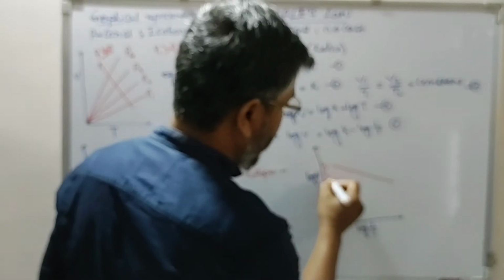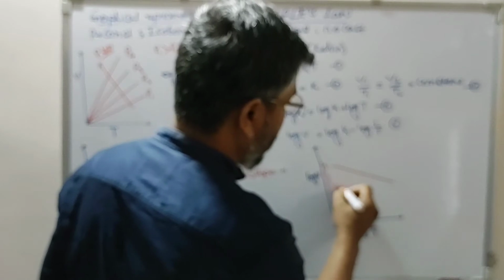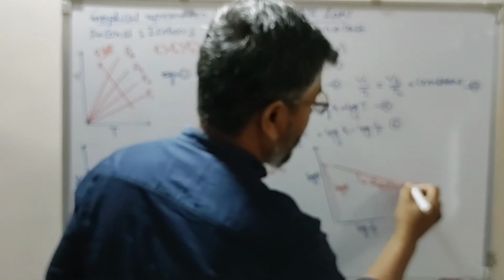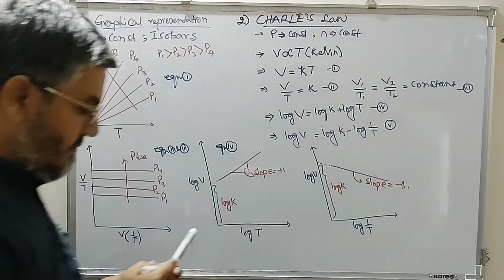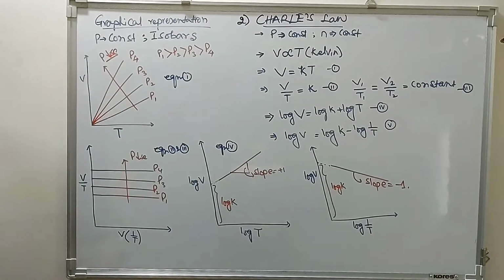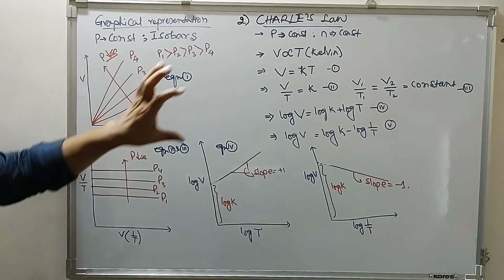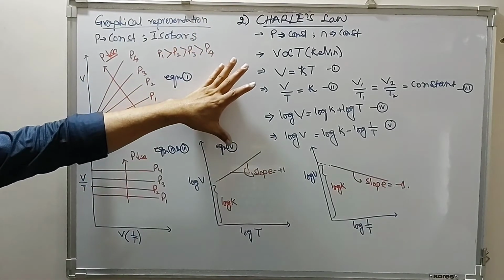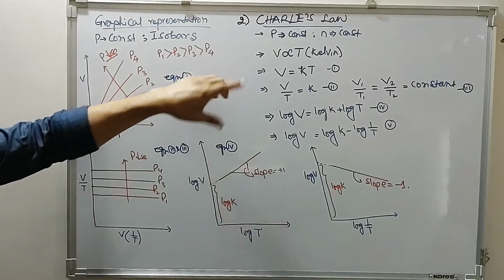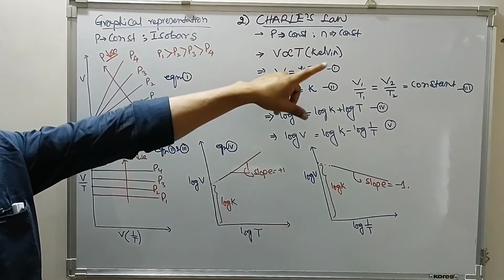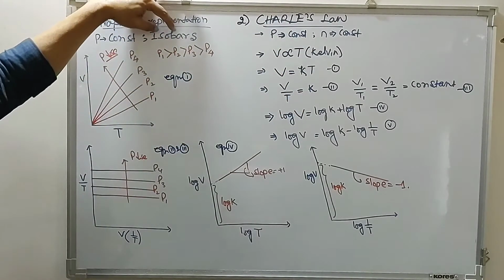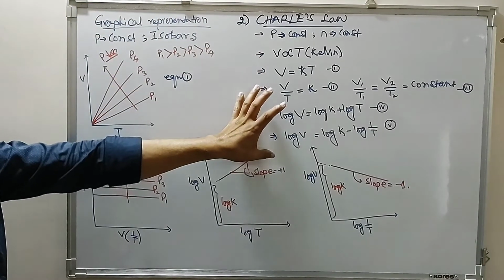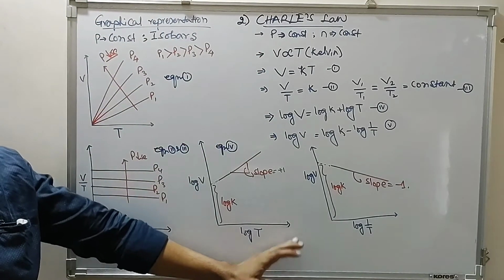On extrapolation, this y-intercept is equal to log k, and this slope is equal to -1. So this is Charles' law: pressure constant, n constant, the graph is known as isobars, the same equation in different forms, and this is the graphical representation.